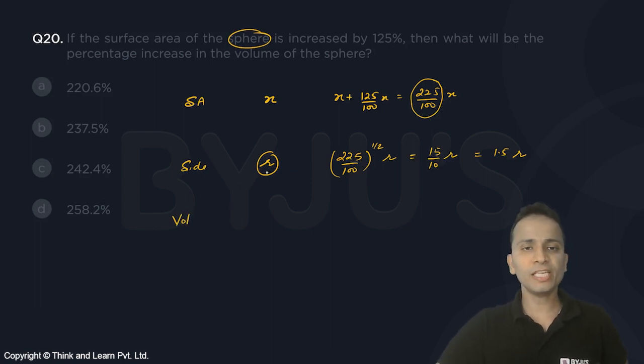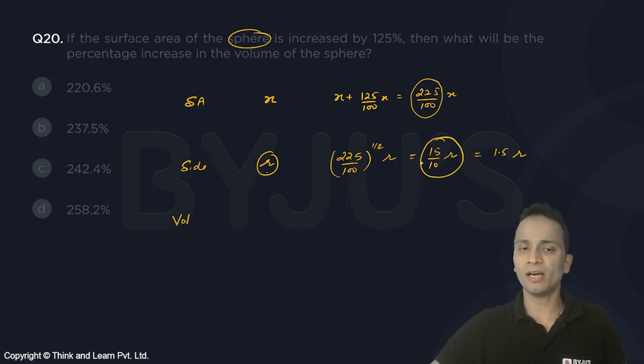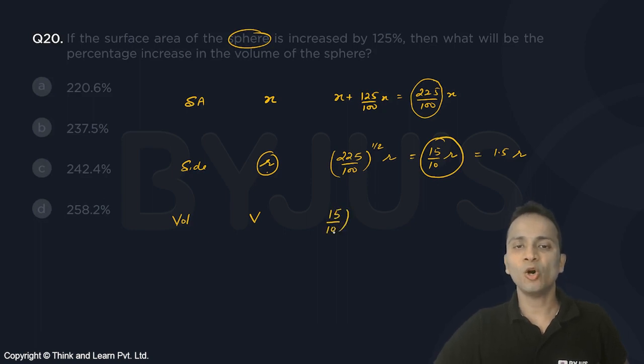So if radius was r and it has become 15 upon 10 r, so if original volume was V, the new volume will be 15 upon 10 whole cube. So volume is proportional to the cube of the side of the original volume. So 15 upon 10 whole cube of the original volume, that is 3375 upon 1000 of the original volume.